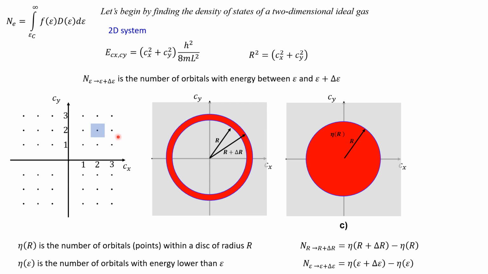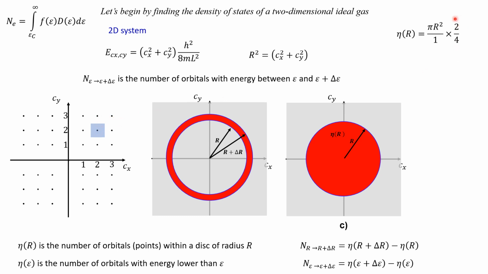So that means that the number of orbitals within this disk coincides with the area of the disk. So the area of the disk is pi times r squared, and we are dividing by 1 here just to emphasize that we are dividing by the area assigned to each orbital.